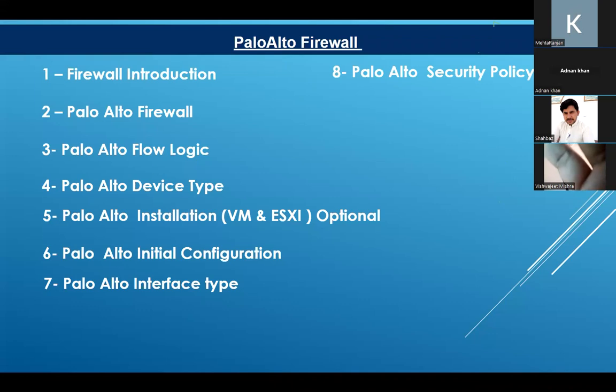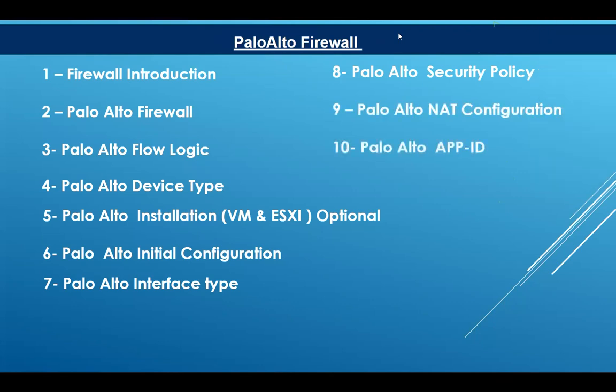Security policy: if you have an idea about the ACL, access control list, this is similar to the security policy. In an access list, we use only 5 parameters, but here we use more than 5 parameters. Then NAT, network address translation.